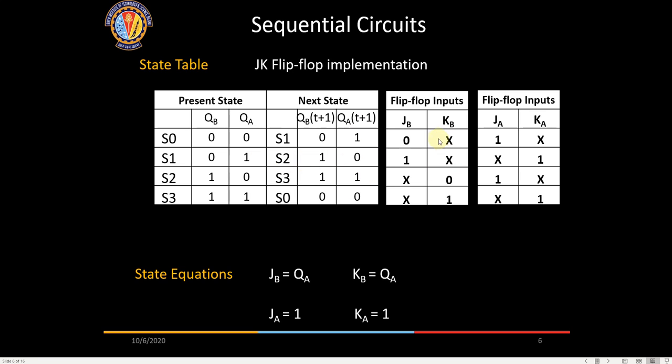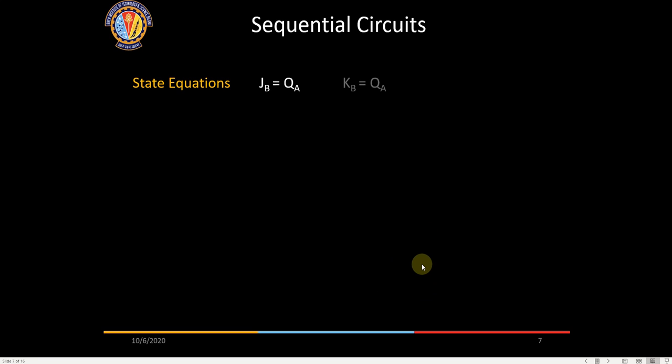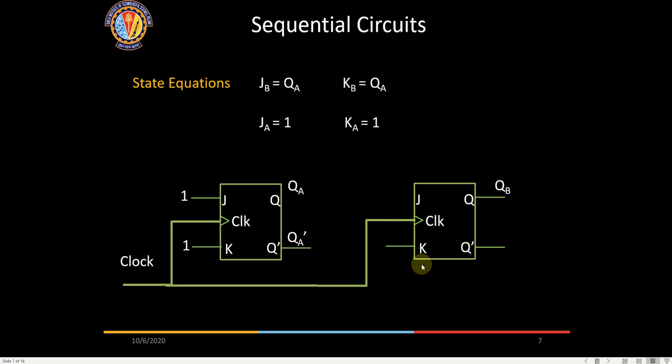This is the next state, right? And to get that next state, these will be the values for J and K, right? Yes, sir. And we got to make J and K in terms of QA and QB, right? And then put it here. Is it okay? Yes, sir.